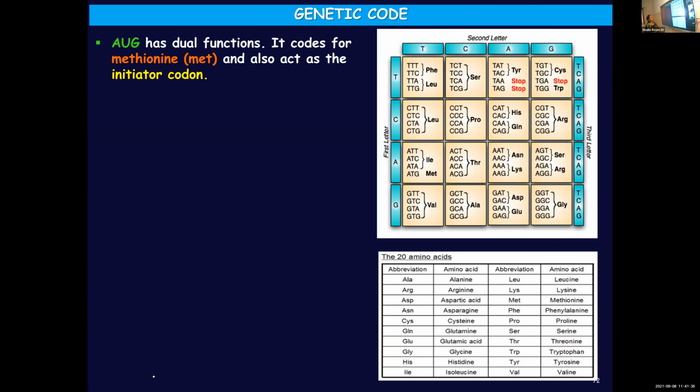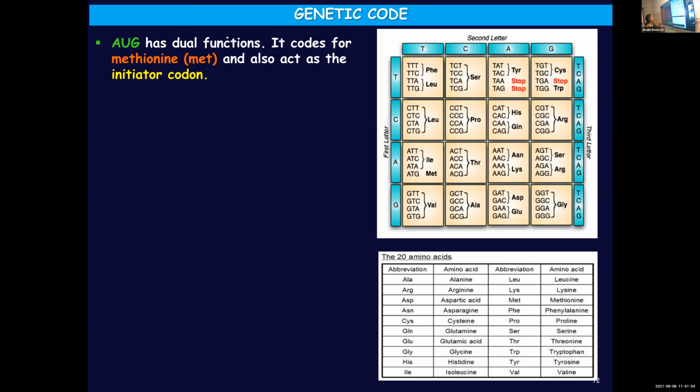Now, AUG has got dual function, a repeatedly asked question. What are the dual functions performed by the codon AUG? AUG codes for the amino acid methionine, MET, abbreviated form.